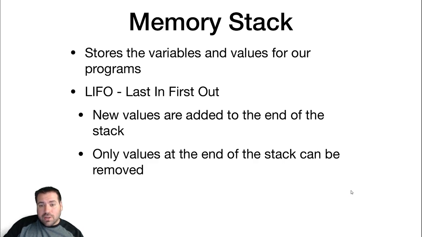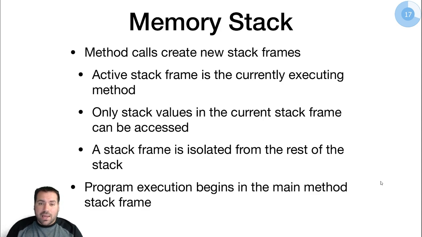So this is the only thing we can do. We can only modify the top of the stack in terms of allocating more memory for more variables. Furthermore, whenever a method is called, we're going to create what's called a new stack frame, and whatever stack frame is currently executing is going to be kind of like a confined environment for our program to run.